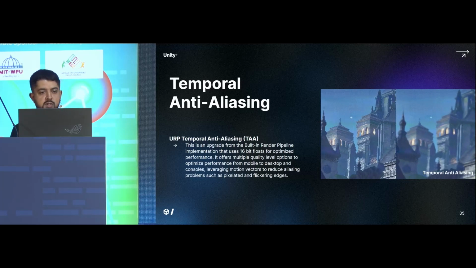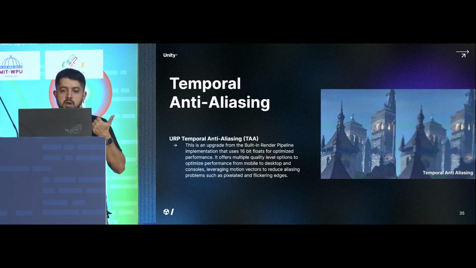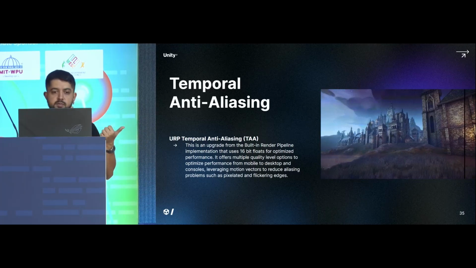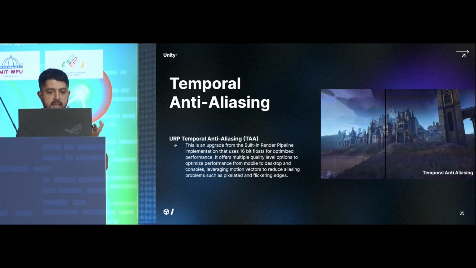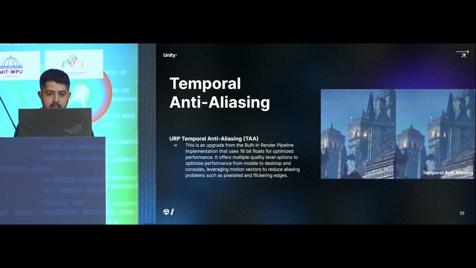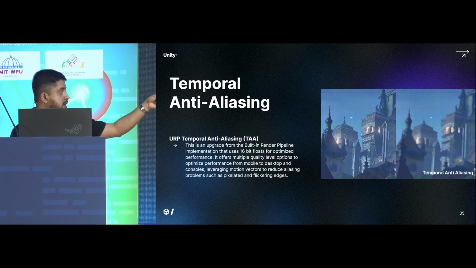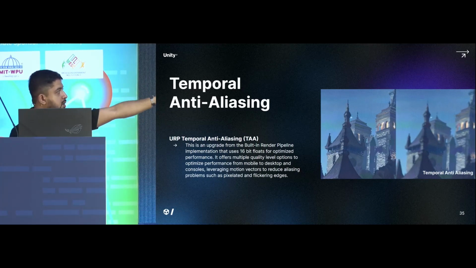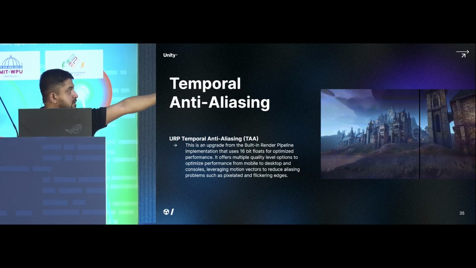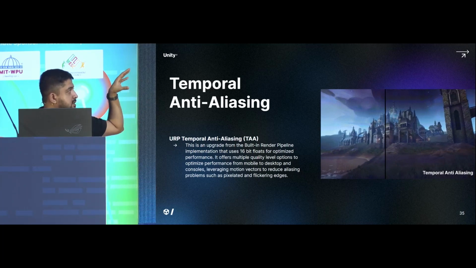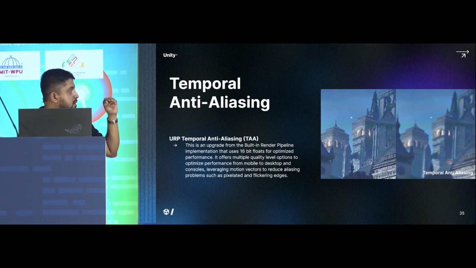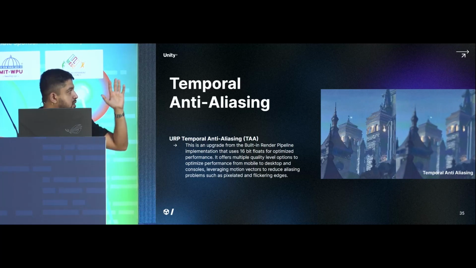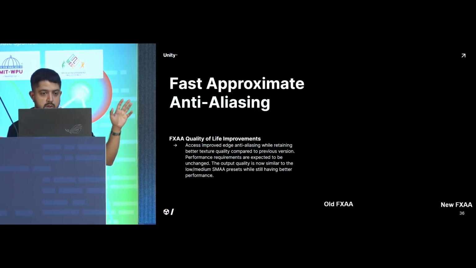And it also supports motion vectors to reduce aliasing problems like pixelation and flickering edges that are common with TAA. So you can see the GIF on the right of how this works in practice, right? You can see that the flickering is noticeably low and the scene progression, or the movement of the objects, is much, much smoother.